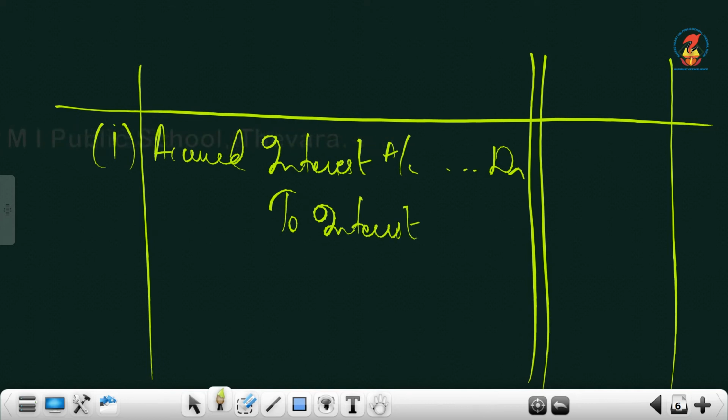Accrued interest account debtor to the concerned income. That is the specimen entry you learned. Accrued income debtor to concerned income. So this is the entry. The amount is 4,000.